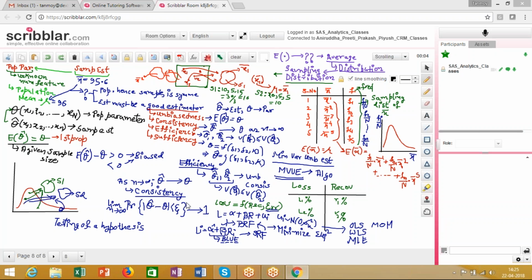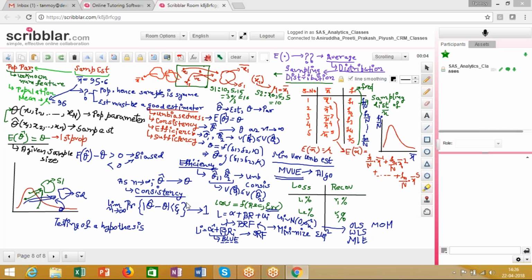Having said this, let us have a very quick understanding of what we are working with next. Our idea was to understand what exactly the different sample estimators and their respective population parameters are.